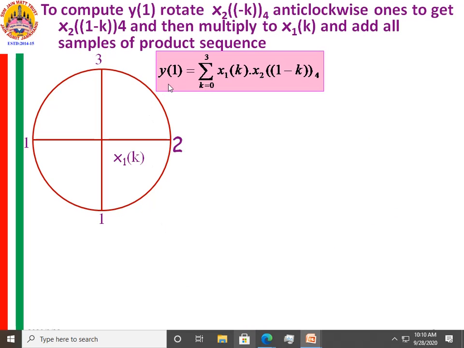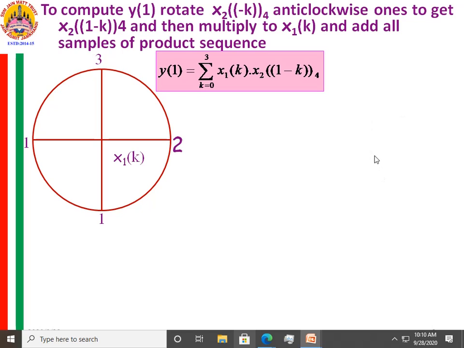Now, for the next, that is for n is equal to 1, I should rotate this x2 of minus k by an amount of 1. Now, x2 of minus k plus 1 I want. This plus 1 shift I want. Now on a linear scale, while rotating the circle for plus 1, you shift it to the left side.